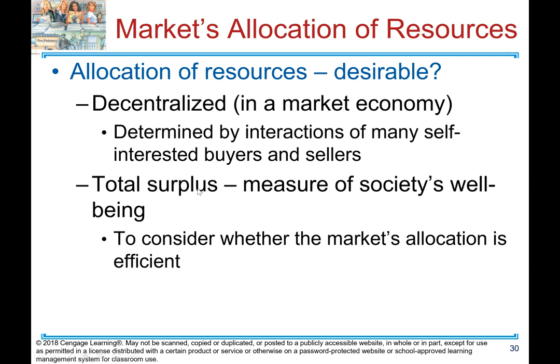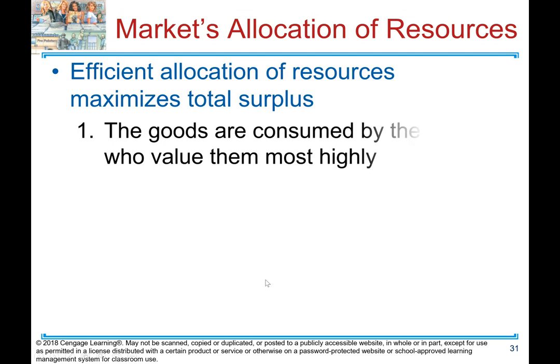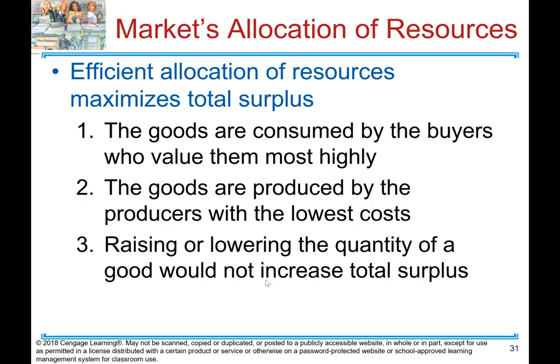So total surplus is a measure of society's well-being. To consider whether the market's allocation is efficient, let's look at efficient allocation of resources. It should maximize total surplus.